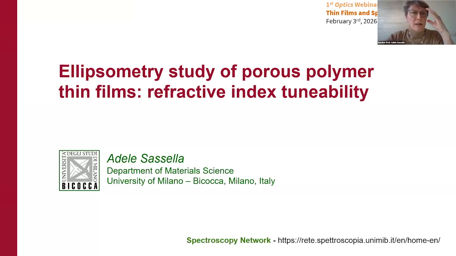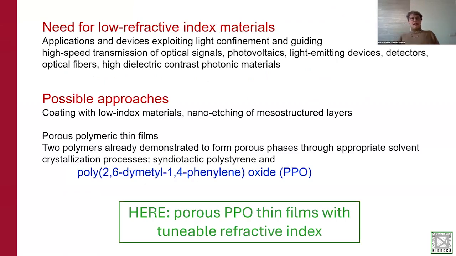My seminar will be much more focused, less general than the previous one by Professor Asmus. It's focused on a recent piece of work we did on porous polymer thin films, where we tried to characterize the refractive index, checking for the tunability of the index itself. So, here we are.